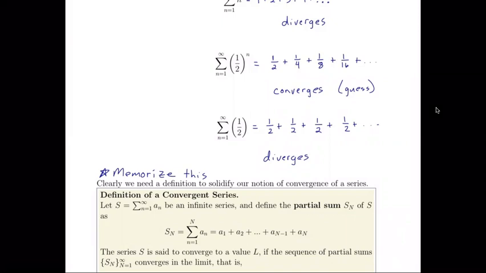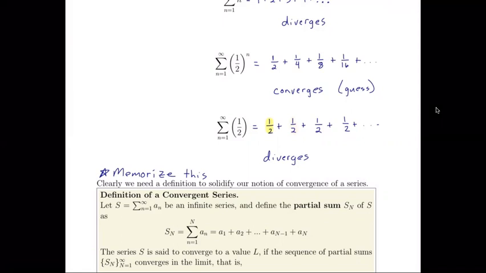One more example: the sum of the same series, except the series term does not have that exponent of n. So we're just going to add up 1/2. And if we add up 1/2 consecutively, the first partial sum is 1/2.